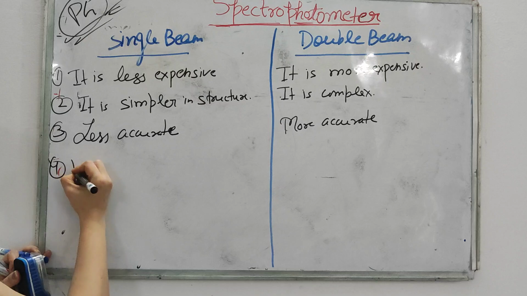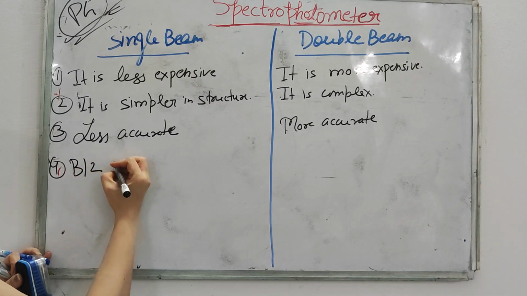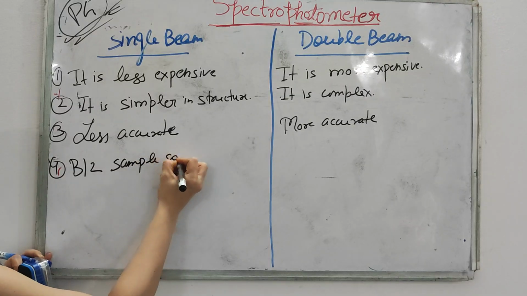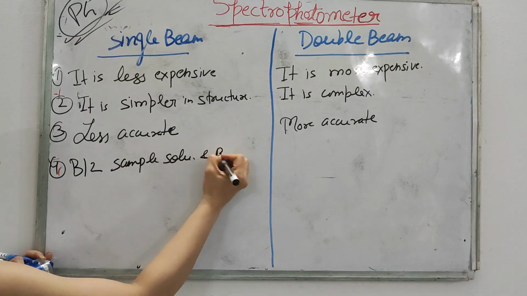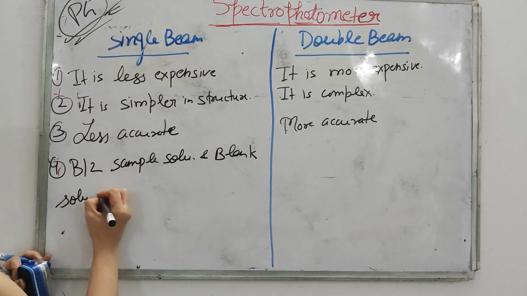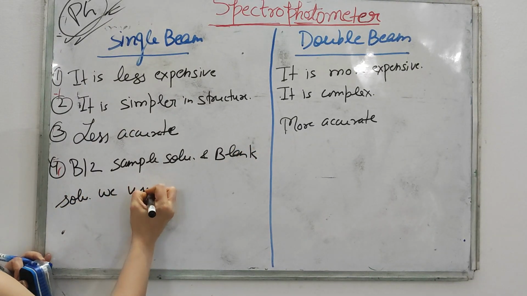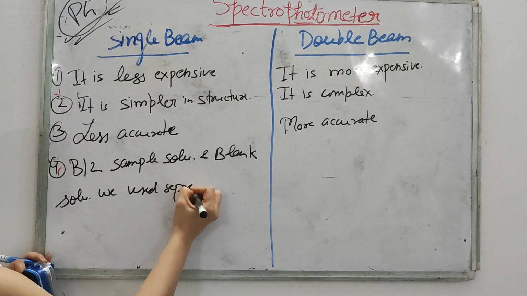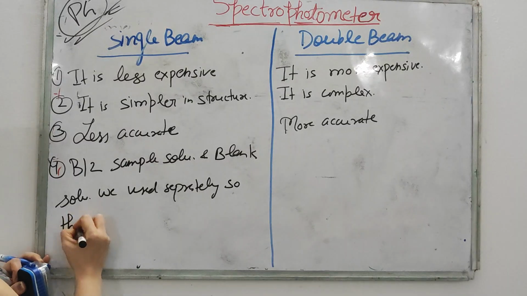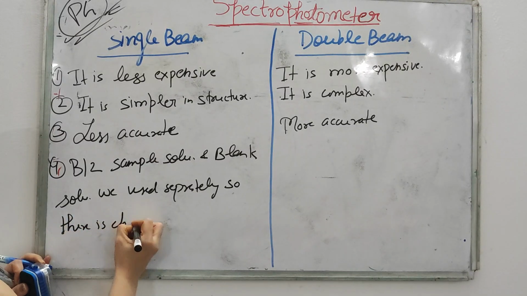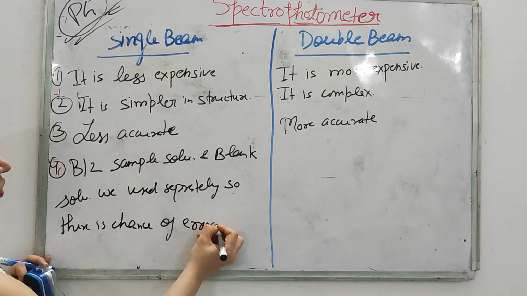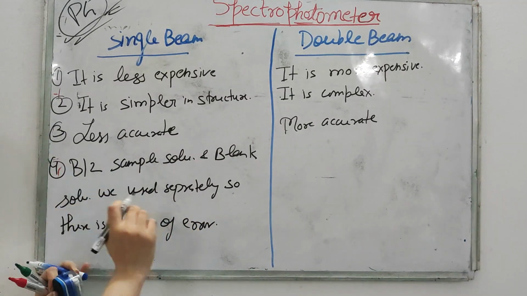The reason is that the sample solution and the blank solution are used separately. So there is a chance of error, there will be more chances of error. That's why it is less accurate.